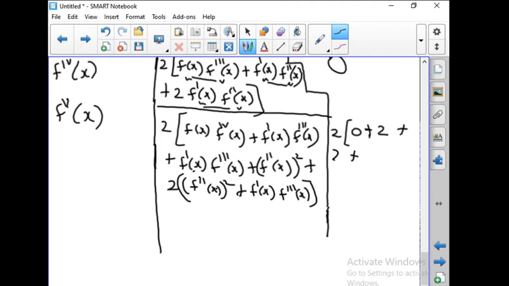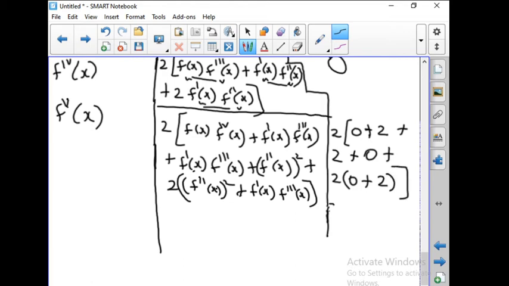So this is also 2 plus f double dash வந்து 0 plus இன்னொரு 2 வருது, 2 into f double dash வந்து 0 plus f dash of x வந்து 1, f triple dash வந்து 2, so 2. Then this is for whole.